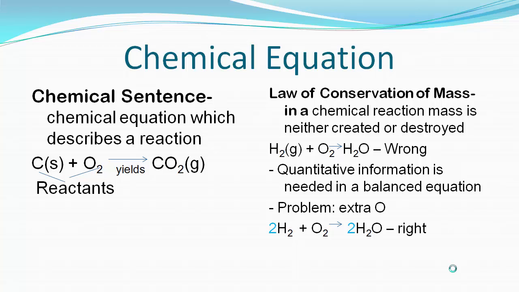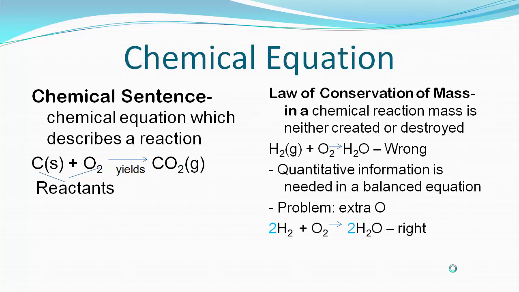If you had 6 carbons to begin with, you are still having 6 carbons to end with. So here's the example of H2 plus O2 yields H2O, which is wrong because we know that hydrogen is a diatomic element, and oxygen also is a diatomic element.